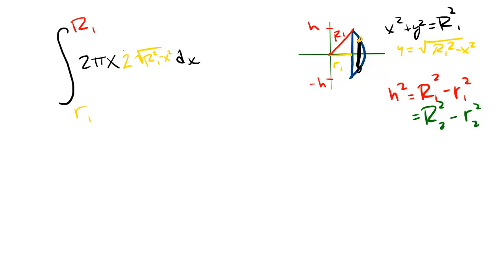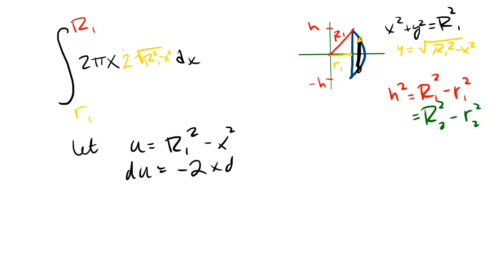All right, now let's just solve this. This actually works out really nicely for us. We have to do a little bit of u substitution. Let u equal what's under that radical. Not the radical itself, excuse me. So R1 squared minus x squared. Then du will be negative 2x dx. Substituting that into my equation, I get this.